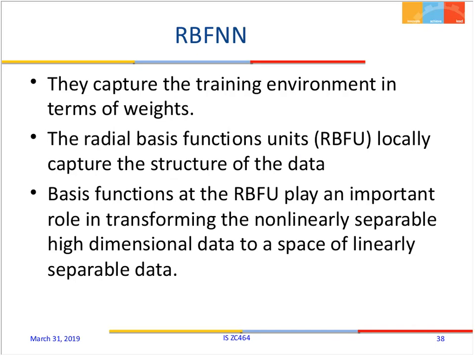The radial basis function units, RBFU, locally capture the structure of the data. So basis functions at the RBFU play an important role in transforming the non-linearly separable high dimensional data to a space of linearly separable data.